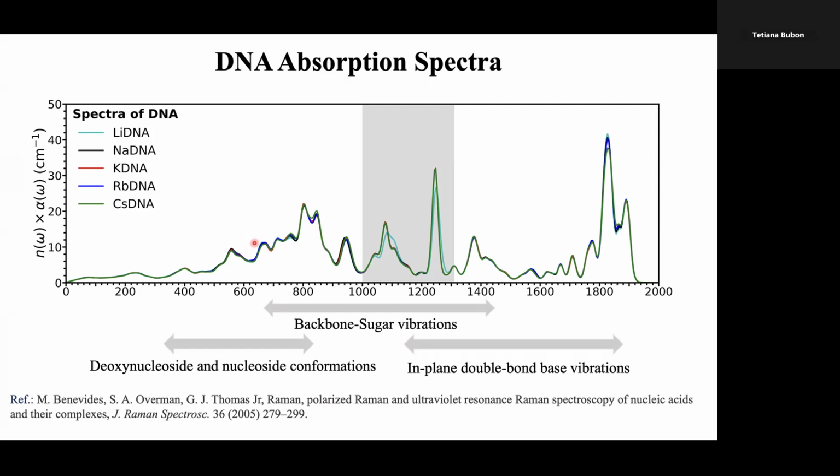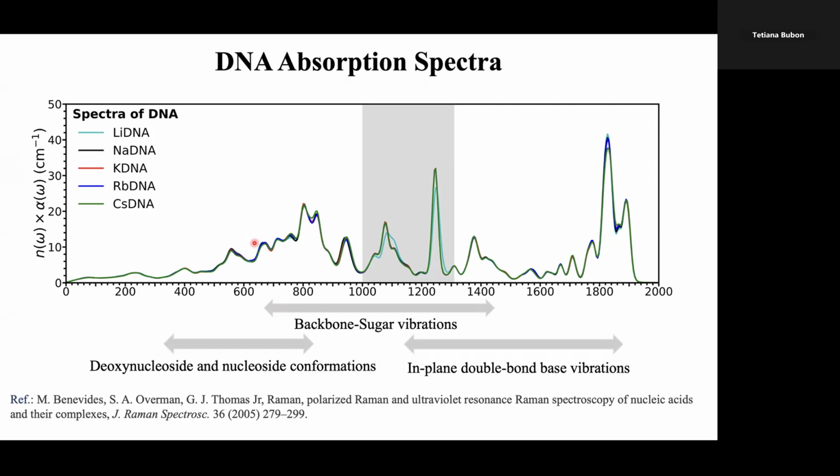So this region is just highlighted to show you the only mode where we see not actually a shift, but more the broadening of the observed peak in the case of lithium.